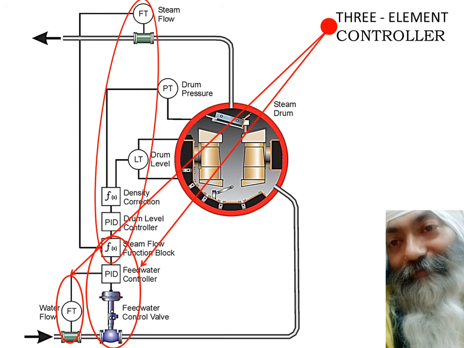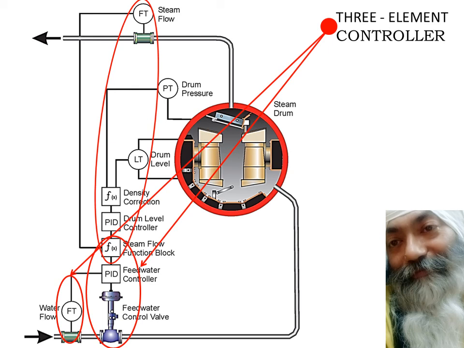And finally, we have the third element on account of steam flow. It's taking care of the shrinking, the swelling, the inverse response, and that's how the level control achieved in this manner is much more optimal, much more improved and sophisticated, and leads to much lesser tripping of the boilers.